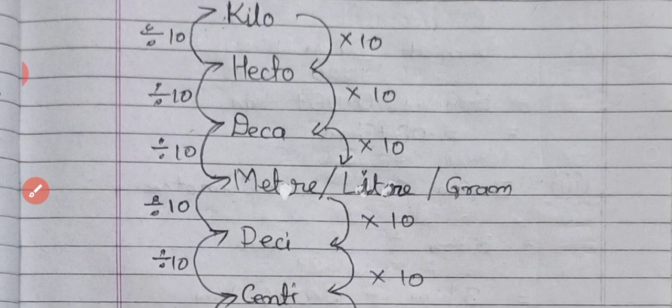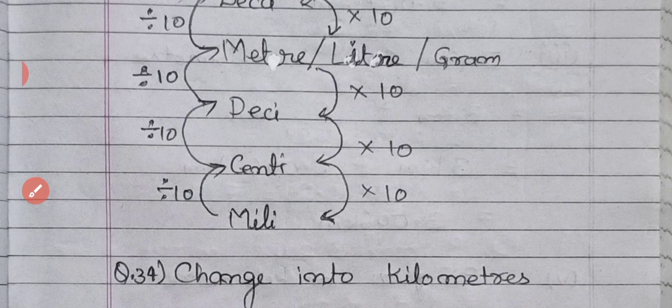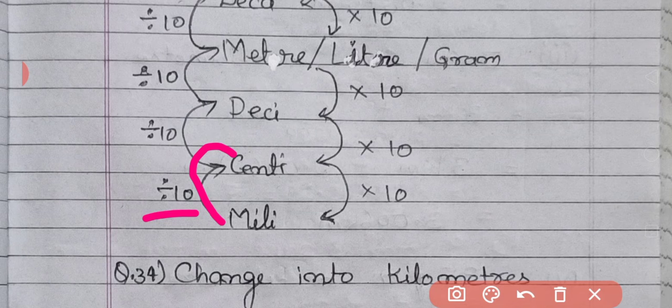Now, whenever we have to change a smaller unit into a larger unit, we have to divide by the same number, by 10 in each step. Like milli, when it has to change into centi, we divide by 10. Centi to deci, divide by 10.